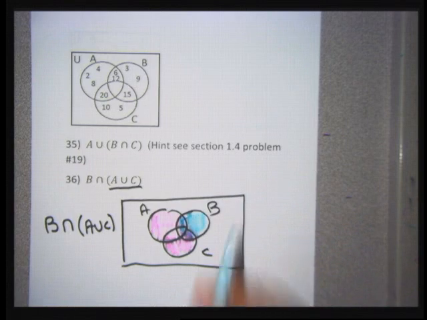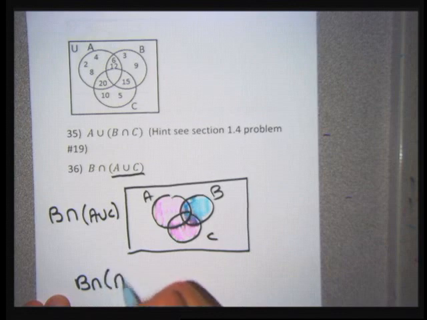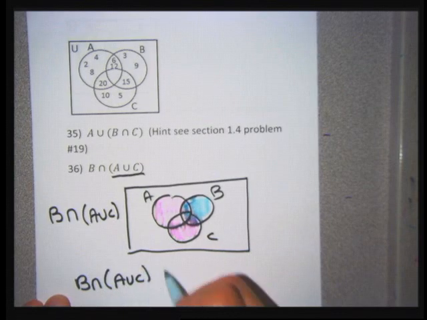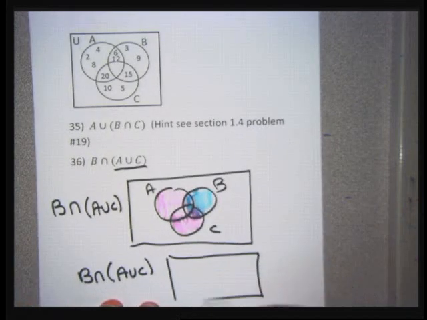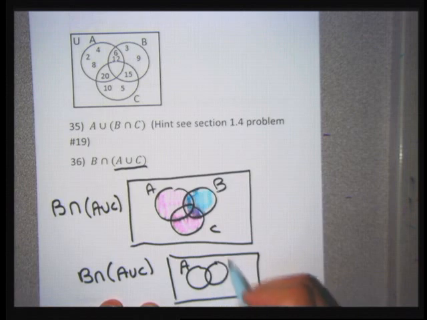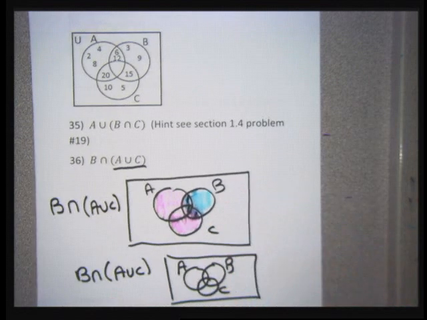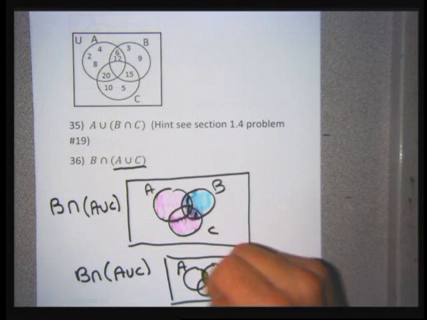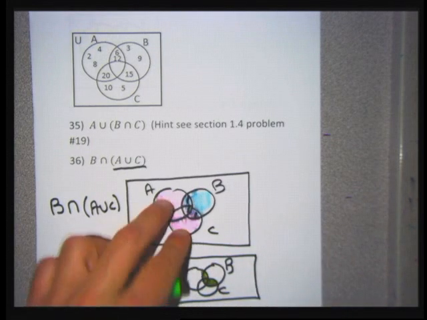So where my pink and my blue shading overlap is the region that represents B intersection A union C. I'm going to just try to draw that in the best I can. So there's the region that was represented by B intersecting A union C.